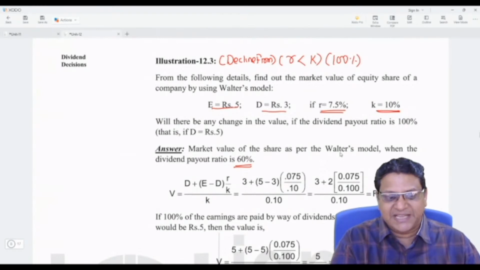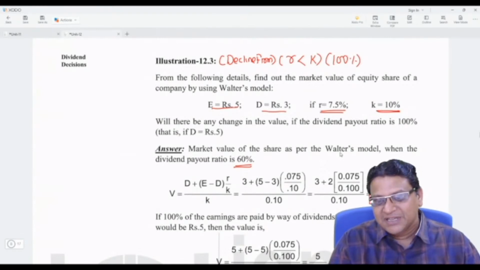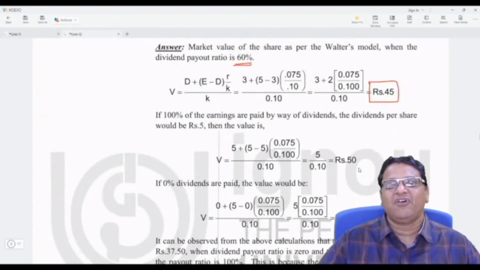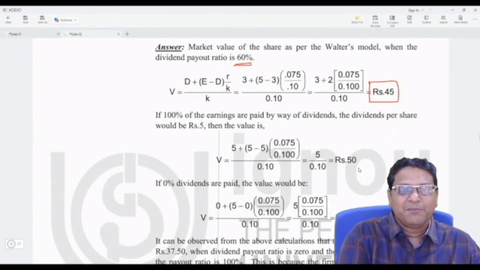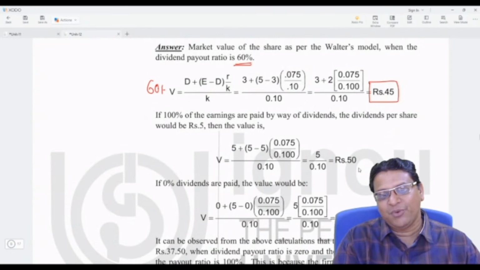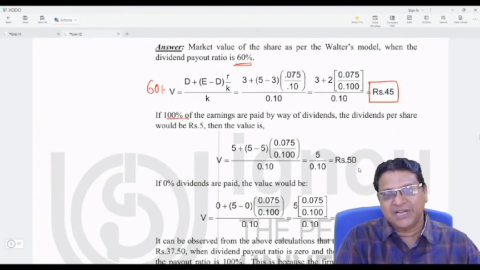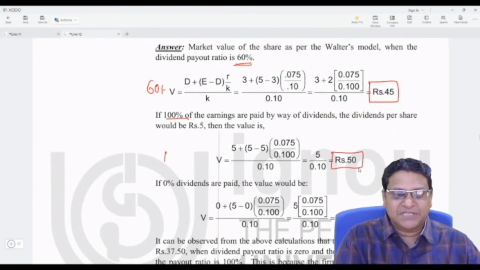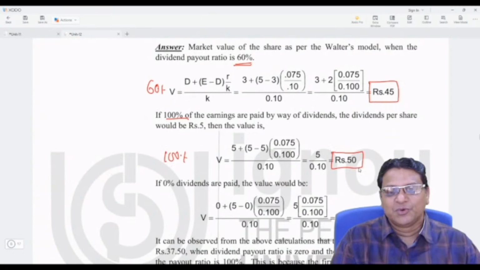In the first case, the value of the firm is 45. You apply the formula, you find the value will come to 45 in case of payout ratio is 60%. And if the payout ratio is 100%, the value of the firm is rupees 50.